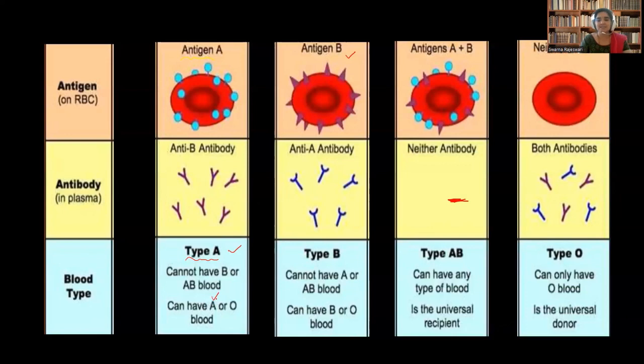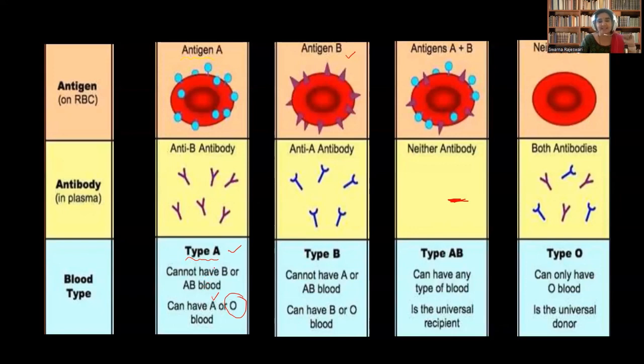Why? Because this person already knows what is A antigen, so his body or blood will not respond to that and produce A antibody. And he can get the blood from another O group person also. Why? Because this O group person doesn't contain any antigen, so his body will not produce antibodies against that antigen.